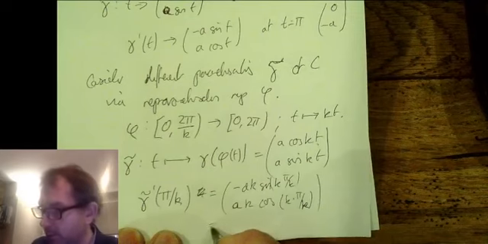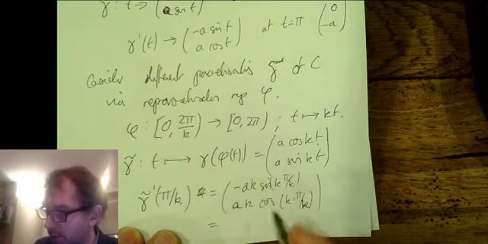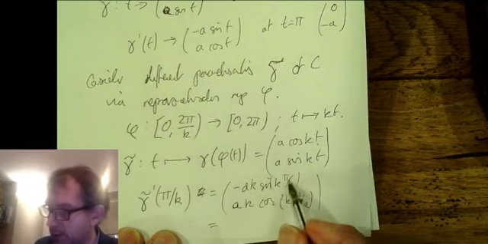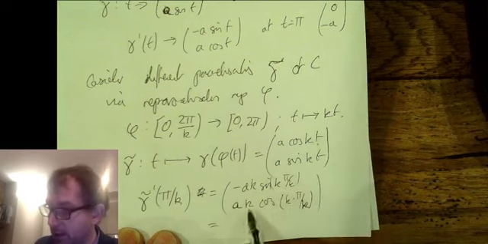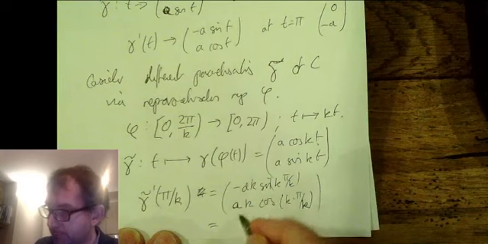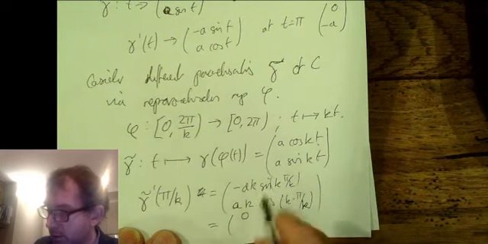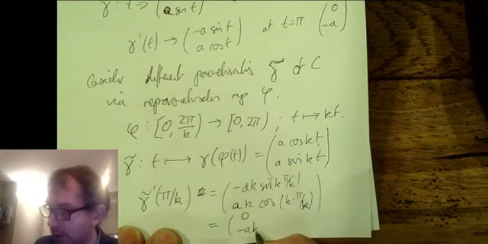Okay, and then when you simplify that, you realise that this is just going to be 0, and this is going to be minus 1. So this is (0, -ak).